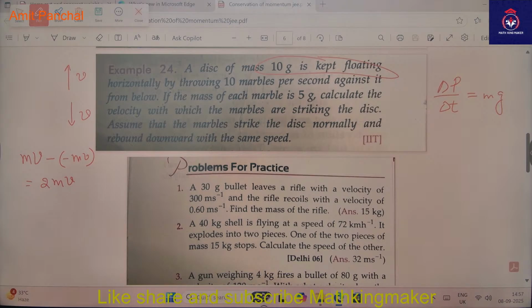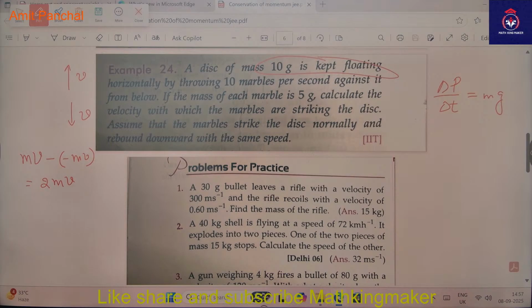So that will be 20mv. So 20mv will be the rate of change of momentum per second. Got the point? Yeah.